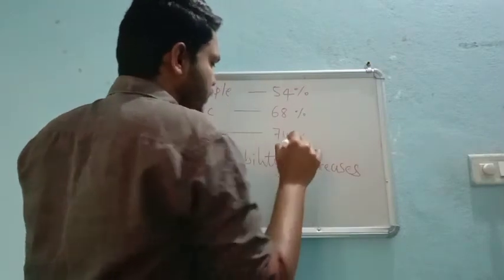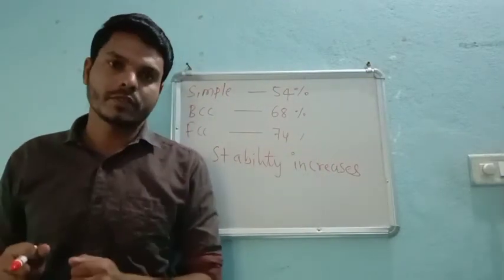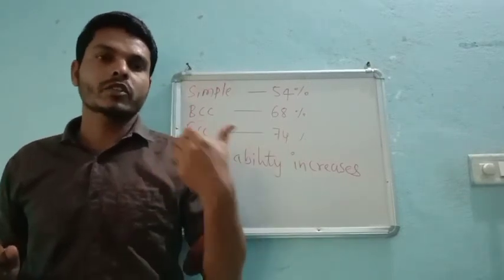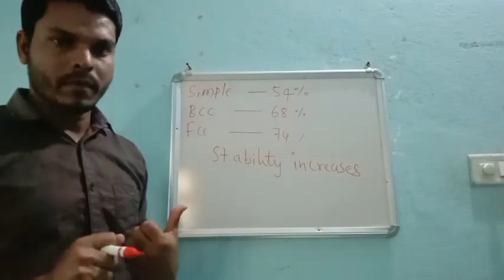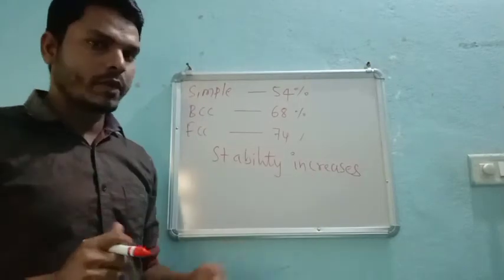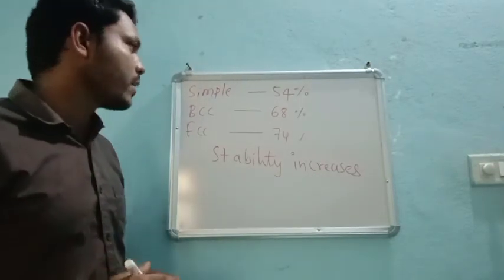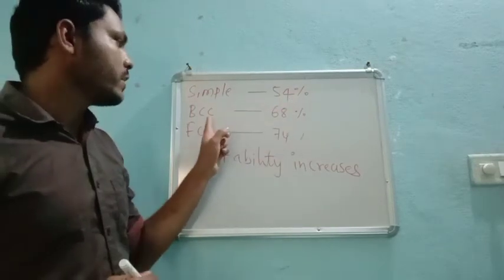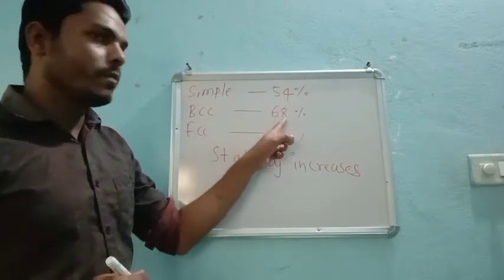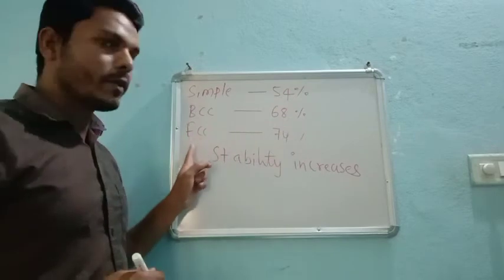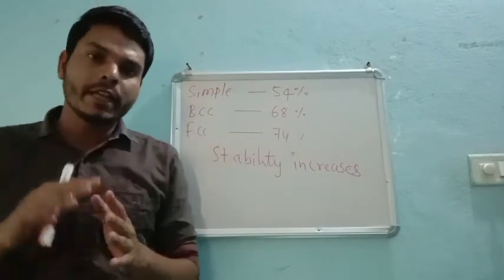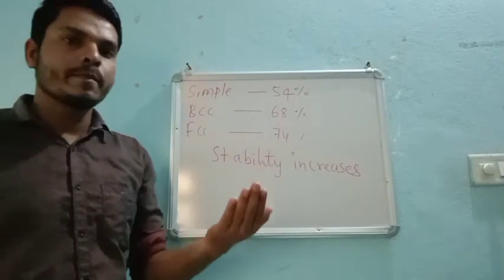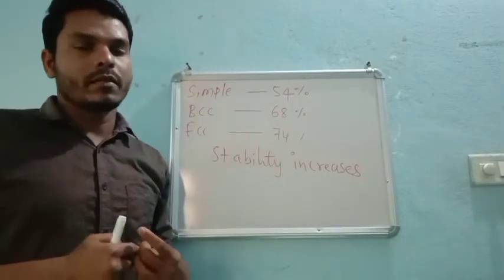Stability means stable state, or else a very strong state we can say. Here the empty space is more as compared to BCC, and in BCC the empty space is more as compared to FCC. As the empty space decreases or the packing efficiency increases, the stability also increases.